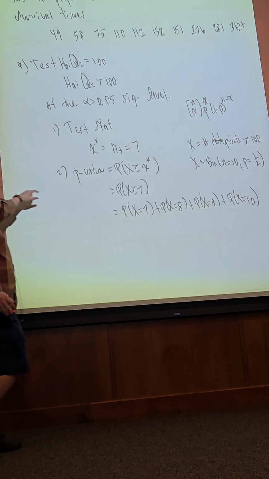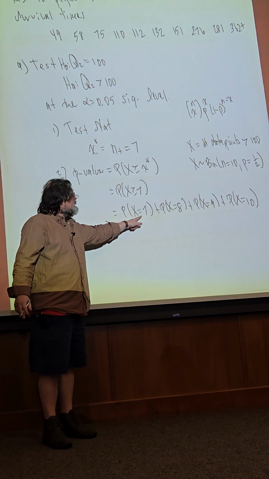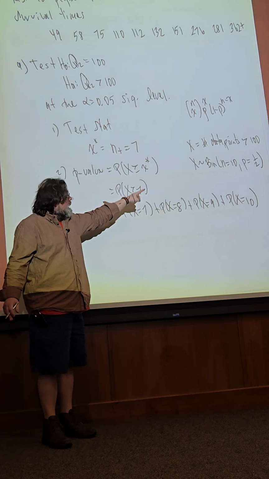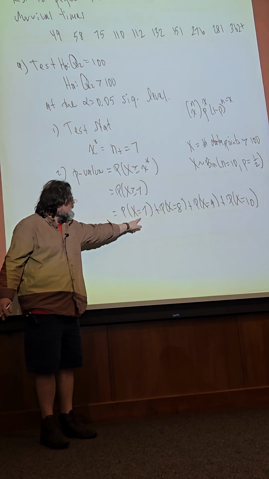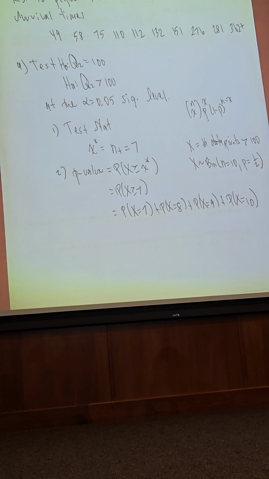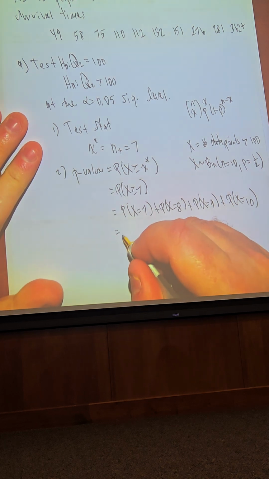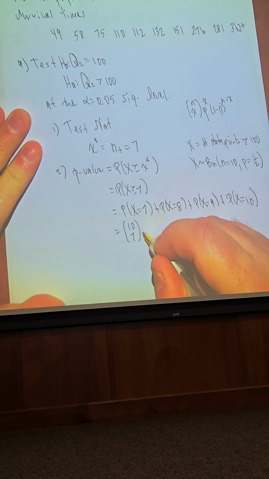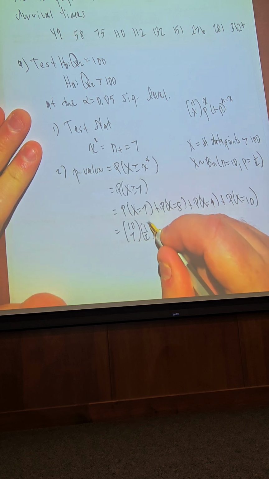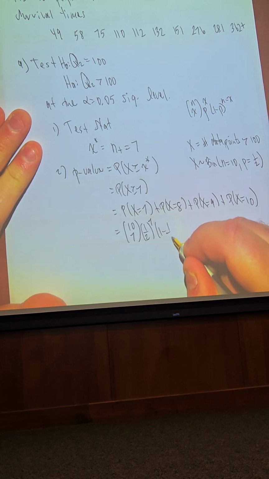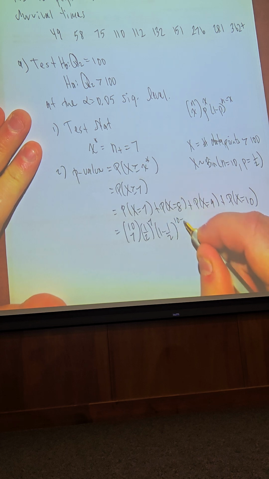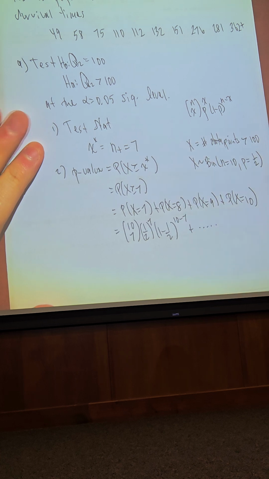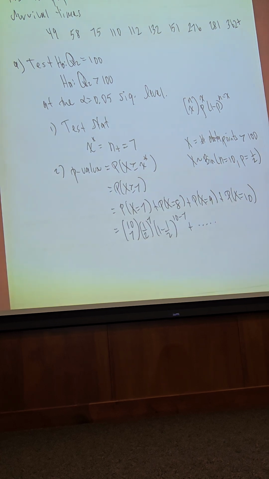Every one of these probabilities I will compute using the binomial formula, where n is 10, p is 1/2, and here x is 7. So it's going to be 10 choose 7 times 1/2 to the 7th power, times 1 minus 1/2 to the 10 minus 7th power, plus all the way down the line. You can get those other terms similarly.